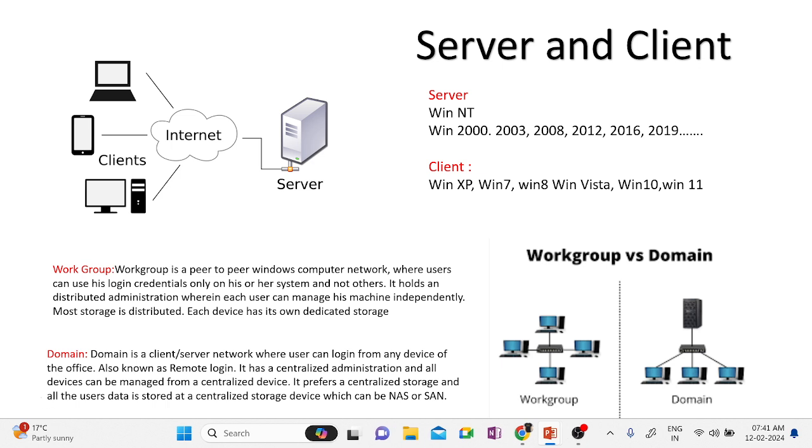Okay, so what are all the clients? You already know the clients can be a machine running an operating system like Windows XP, the very old operating system. Then Windows 7, Windows 8, Windows Vista, Windows 10, and Windows 11. Currently in the market we have Windows 10 and Windows 11. The rest are all legacy. We don't have support from Microsoft. You can install the operating system by downloading the image from the Microsoft website or any other third-party website.